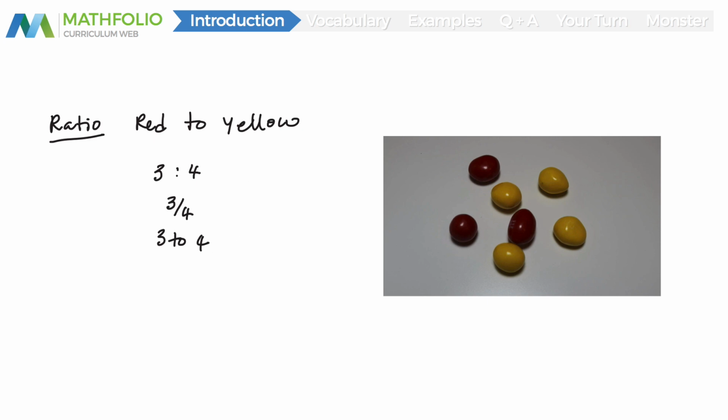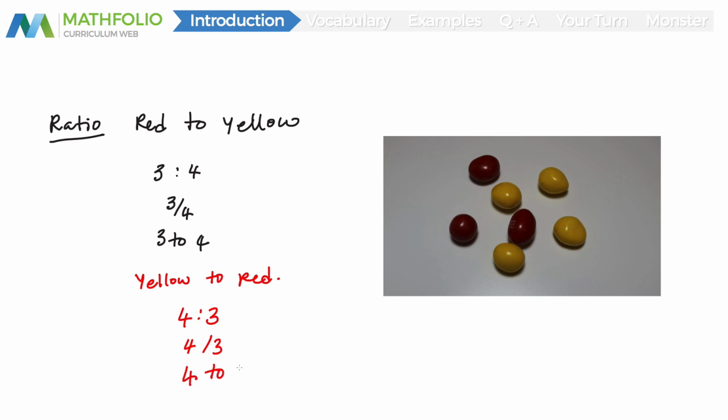Alternatively, if you were asked for this ratio as what is the ratio of yellow to red, then you would in fact say that ratio was 4 to 3, or 4/3.